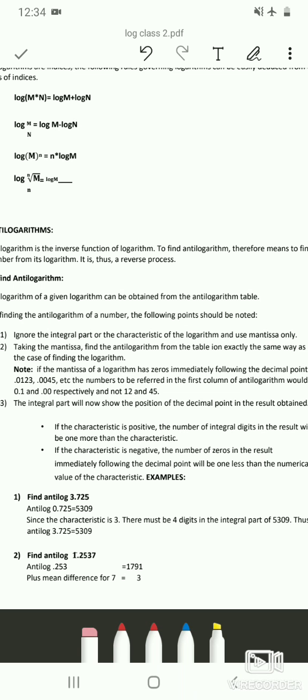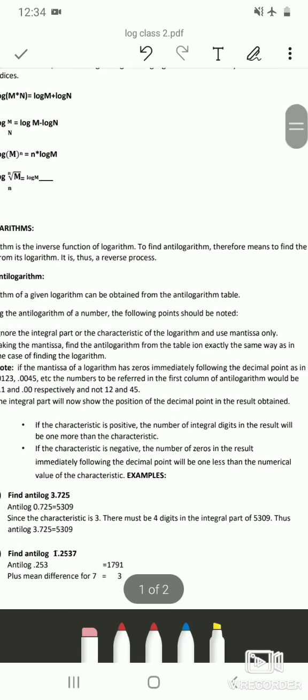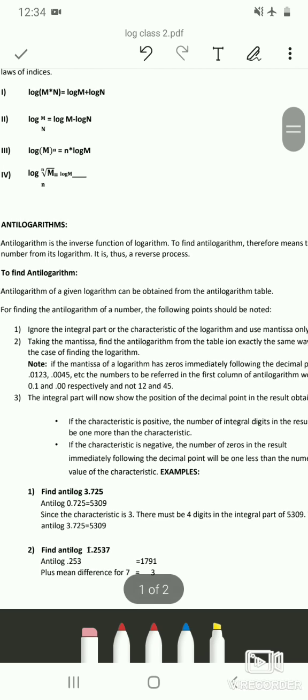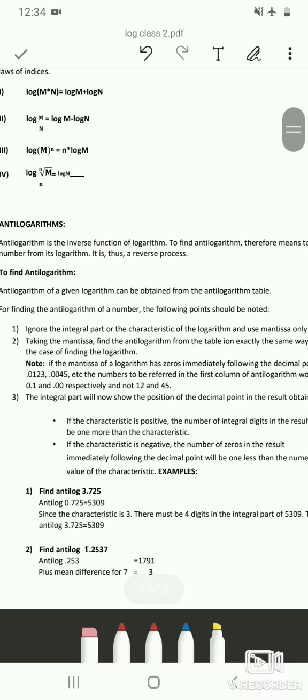Taking the mantissa, find anti-logarithm from the table exactly the same way as in the case of finding the logarithm. Once you know the mantissa, you have to find the value of that mantissa using the anti-logarithm table. I'll let you know how to check the values.